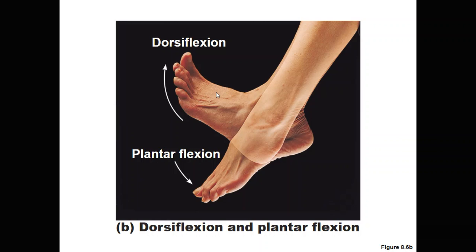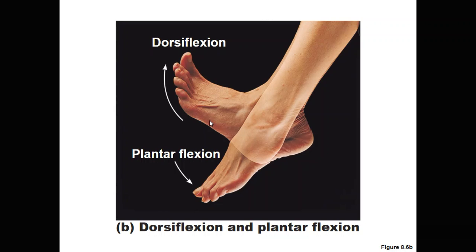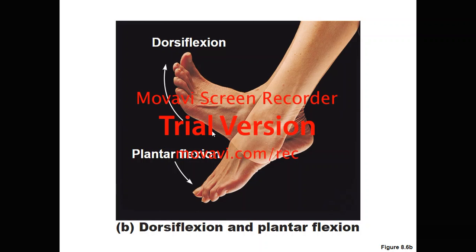This is the dorsal part of your foot. If you're flexing that, then you're essentially pointing your foot upward. And this is the plantar part of your foot, the bottom of your foot. If you are flexing the plantar part of your foot, remember when you flex something, you decrease the angle. So you're pointing your foot downward when you plantar flex.